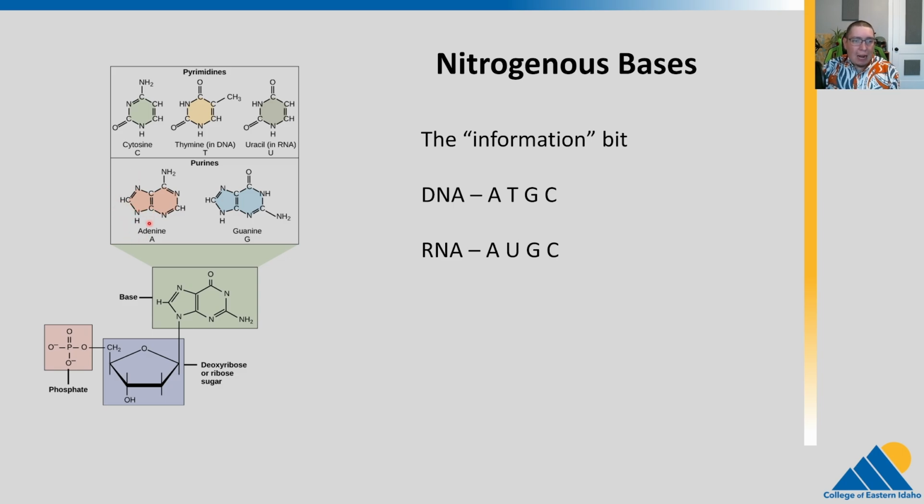But A is adenine, C is cytosine, G is guanine, T is thymine. Thymine is found in DNA, but in RNA we have uracil, U. U and T function the same, but one is found in DNA and one is found in RNA. Sorry, that's just the way the system evolved.